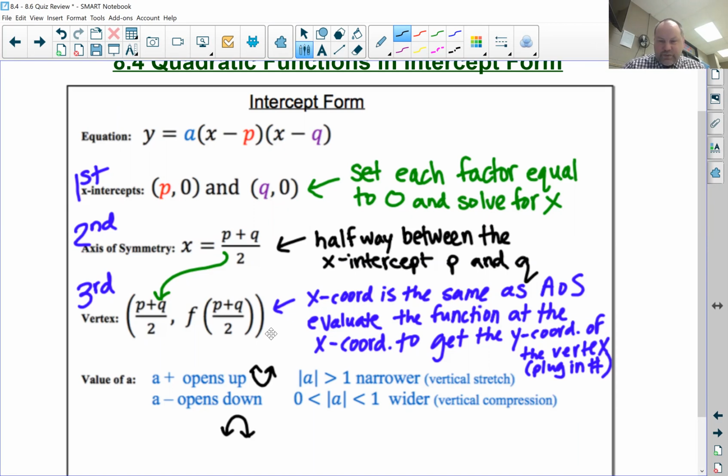So the x coordinate is always going to be the same as the axis of symmetry. We just need to plug that into our original equation to find the y coordinate. And then remember, the value for a tells us if we're opening up or opening down, and how wide that opening is going to be.